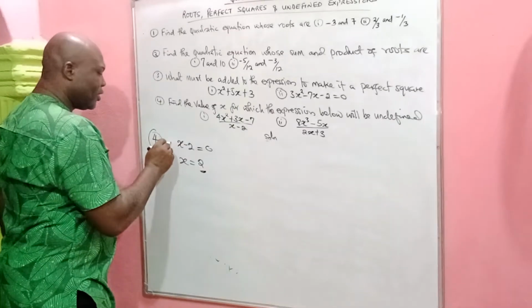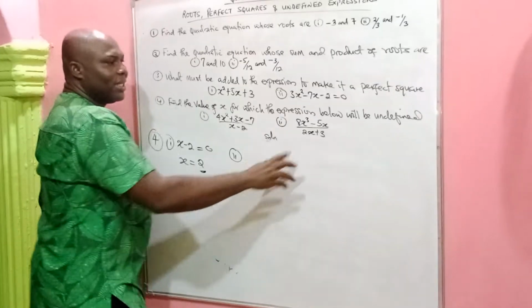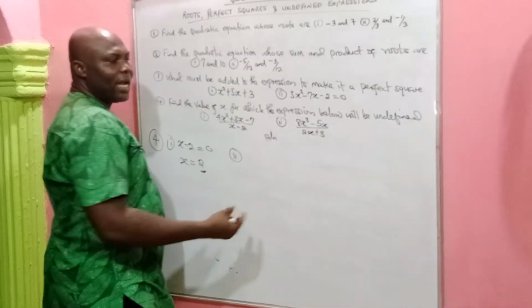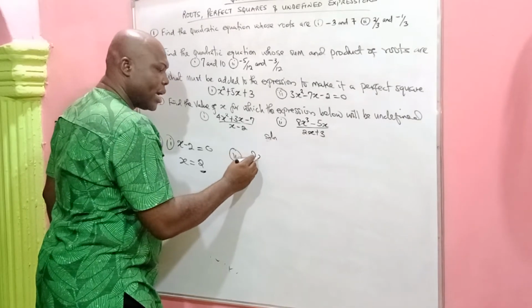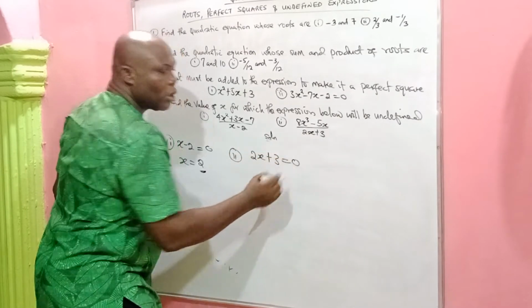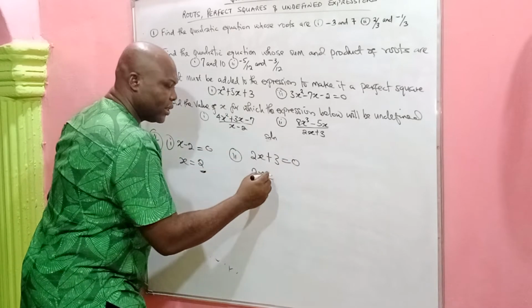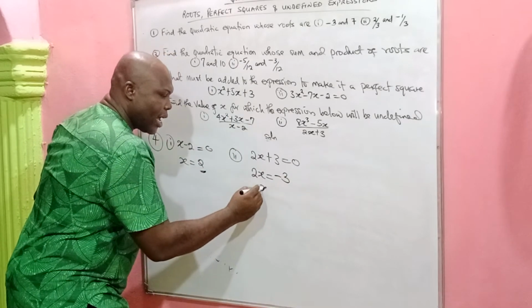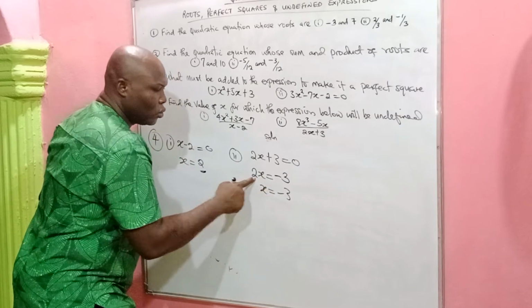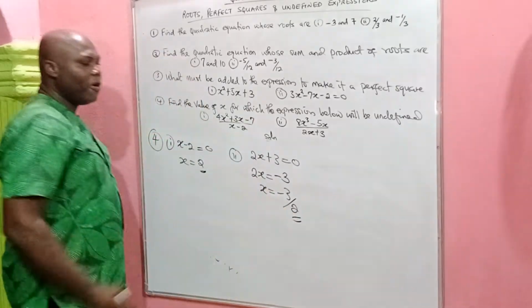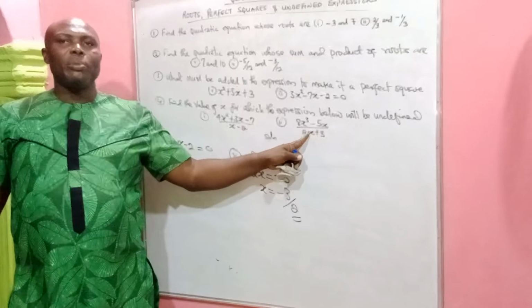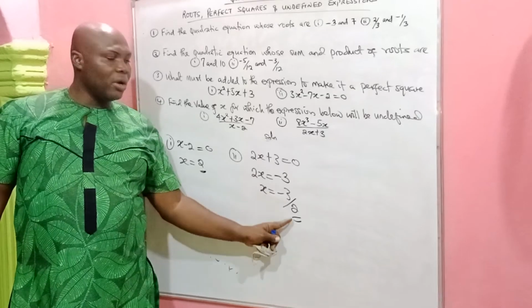So we take the next one. For this expression to be undefined, the denominator here, which is 2x plus 3, must be equals to 0. So 2x will be equals to plus 3 crosses to be minus 3. x will be equals to minus 3, 2 divided by 2. It therefore means that for this expression to be undefined, the value of x will be minus 3 all over 2.